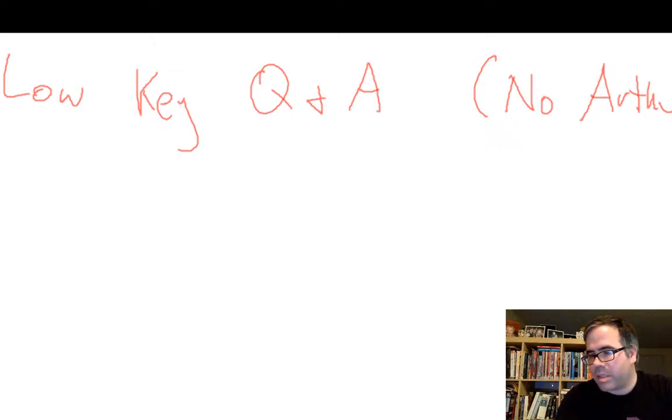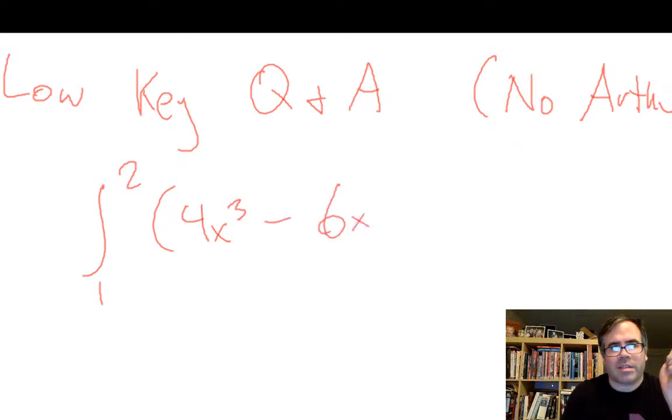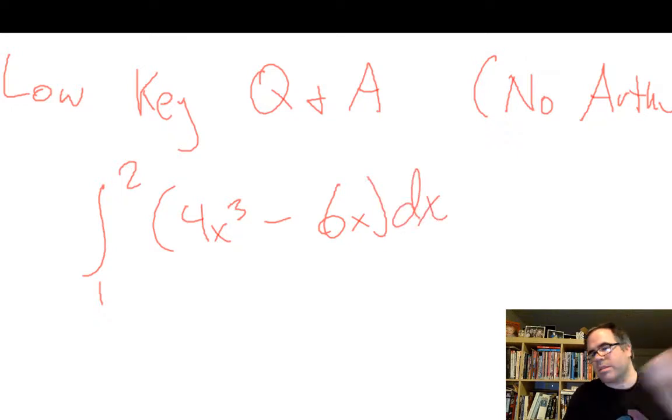So we're talking something like some simple, straightforward integral, like the integral from 1 to 2 of 4x to the third minus 6x dx, and you'll be expected to do something like that, right?